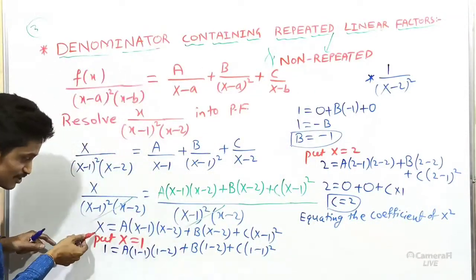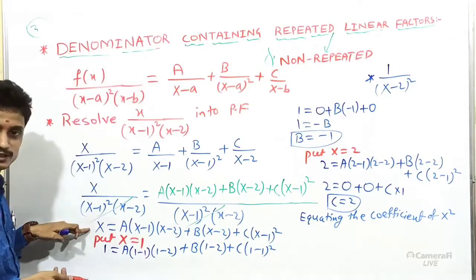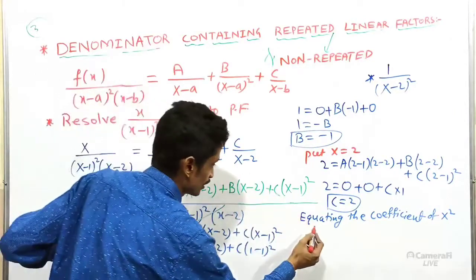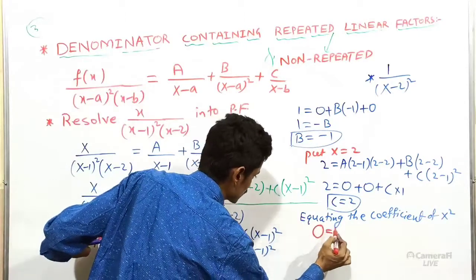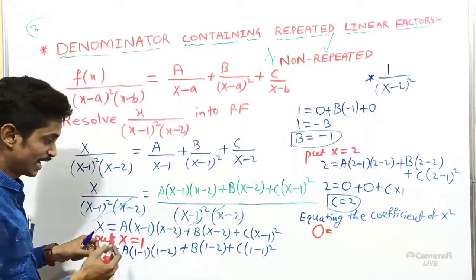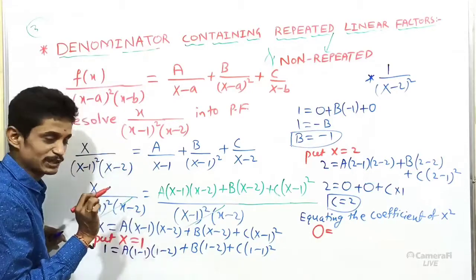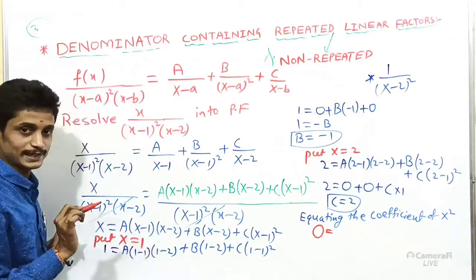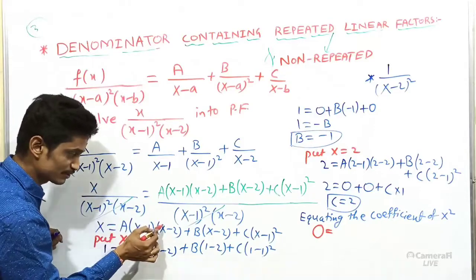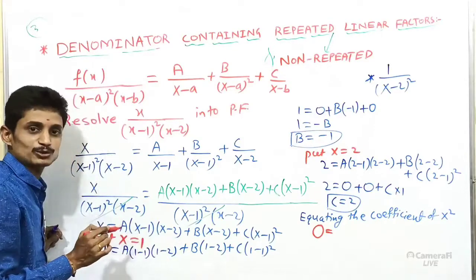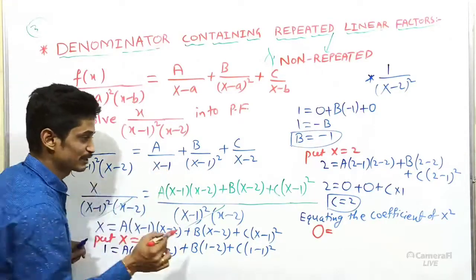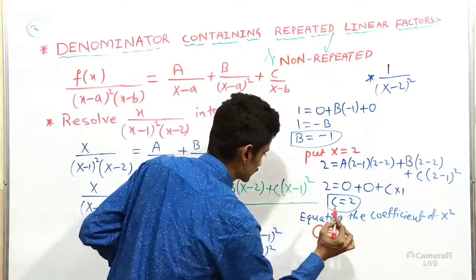Look at the LHS part. Do you have any x square term? No. If you don't have any x square term, write 0. And on the RHS side, look at this product. x into x is x square. x square into a is ax square. So the x square coefficient I have is a.